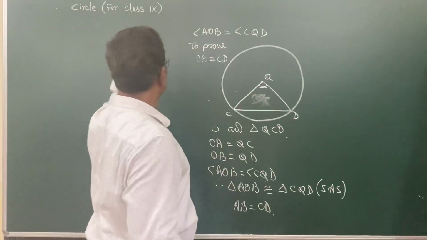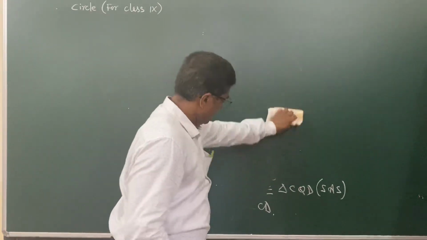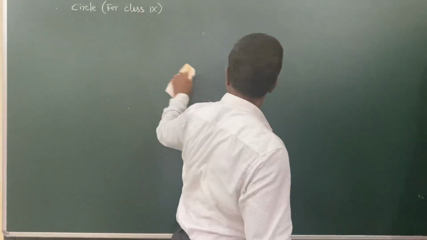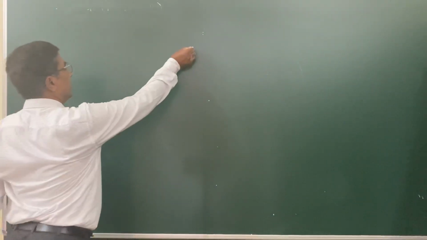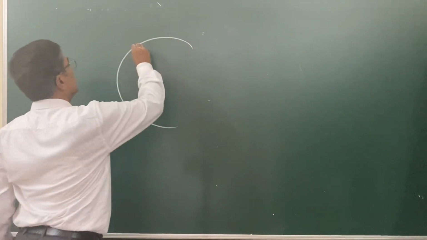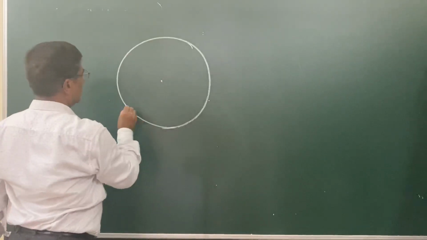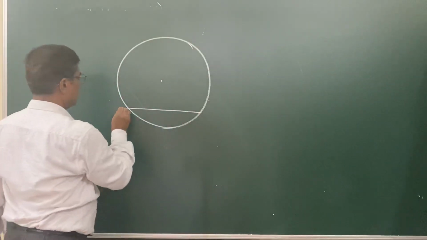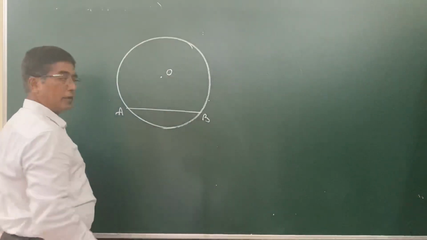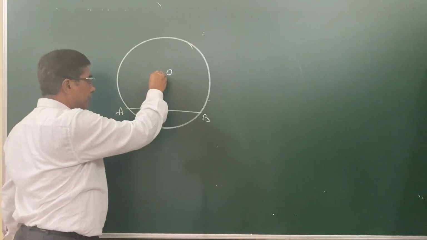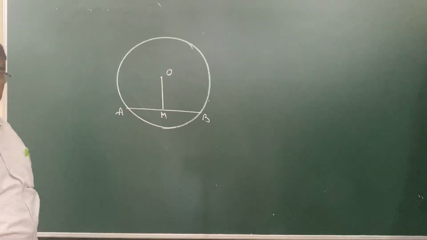Then suppose you are given a circle and you are told AB is a chord. From the center, if you draw a perpendicular to the chord, the chord is bisected.